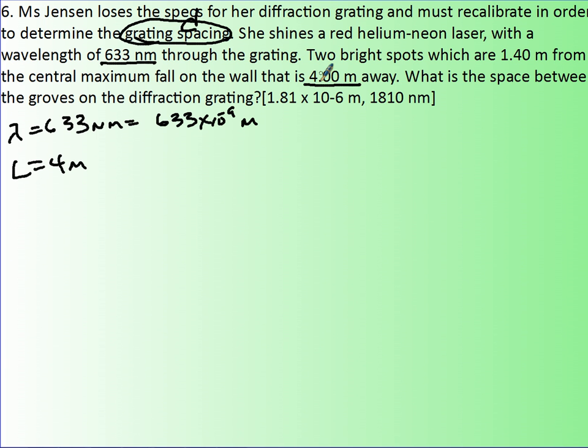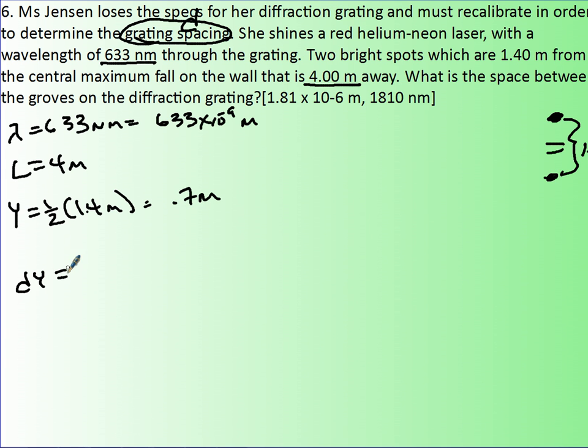Two bright spots are 1.4 meters apart. So basically, I've got the central maximum, then a bright spot on each side, and the spots are 1.4 meters apart. So the distance to the first bright spot is 1/2 of 1.4 meters, or 0.7 meters. What's the space between the grooves? d y equals m lambda L, and m is 1 in these cases.